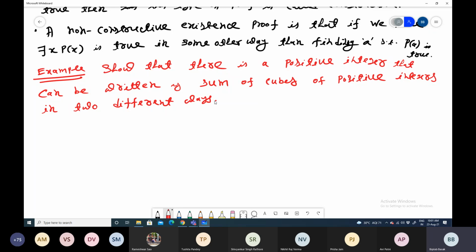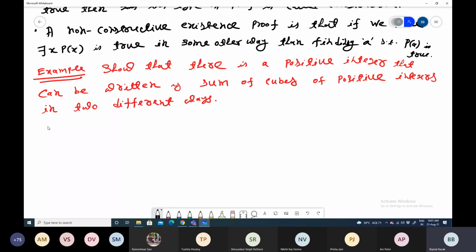So that means we need to give one existence proof. That means we need to find one number which can be written as the sum of cubes of two positive integers in two different ways.